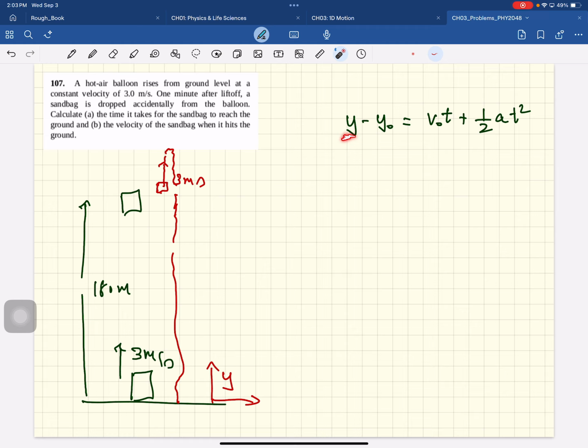What is the final y position? Very good, 0. The initial y position is 180 meters. The initial velocity is 3 meters per second. And what is the acceleration? The acceleration is negative 9.8 meters per second squared.